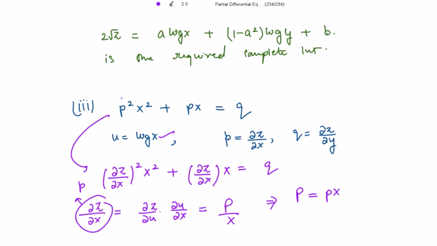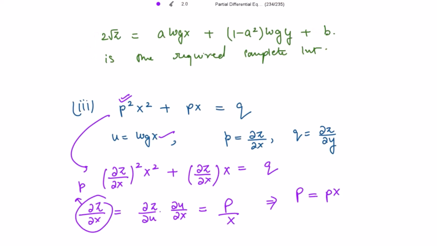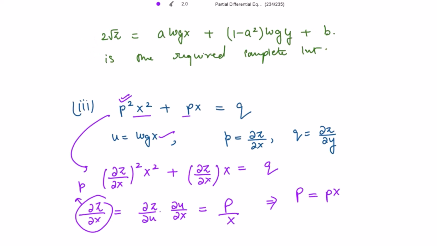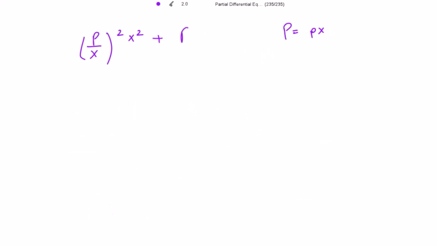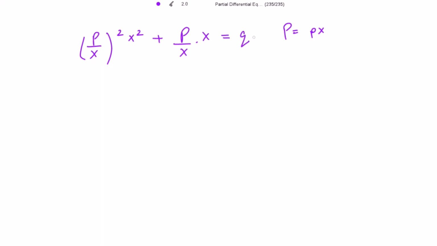So let's use the value of p over here. If capital P is small p into x, what is p? It is capital P by x. So (capital P by x) square into x square plus (capital P by x) into x, then equal to q.